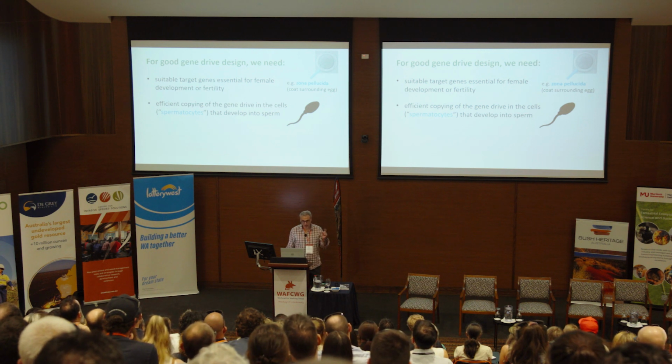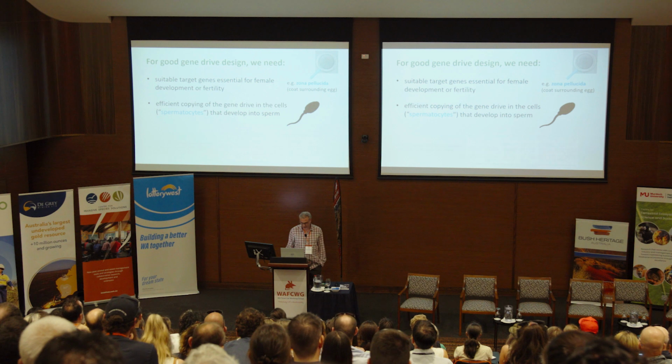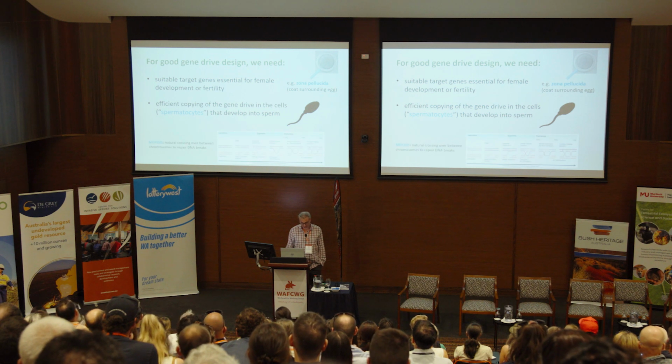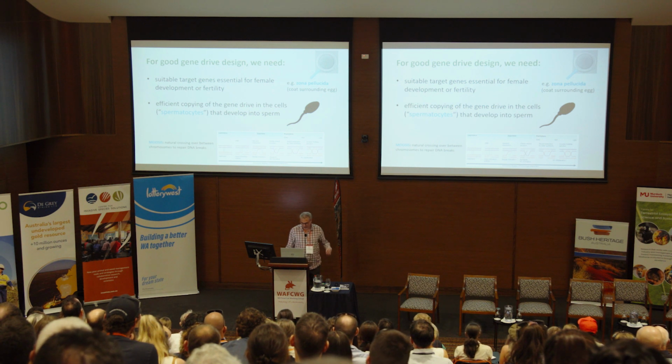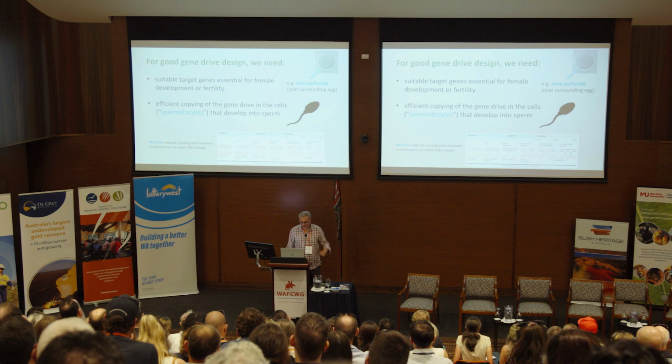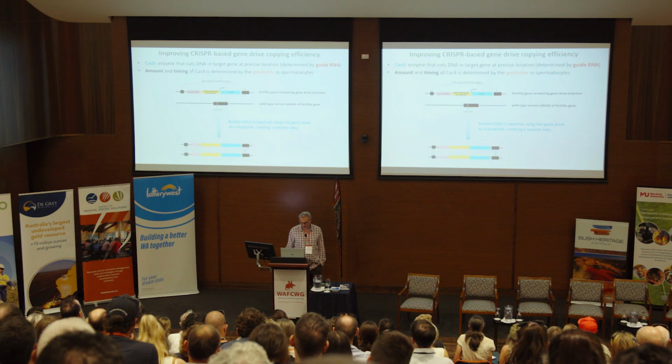That's where the copying needs to occur, because it has to exploit the phase of meiosis when crossing over happens between the maternal and paternal chromosomes, and it exploits that mechanism to increase the efficiency of the copying.